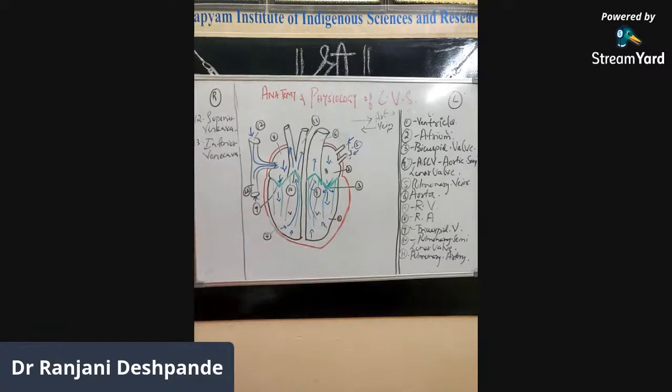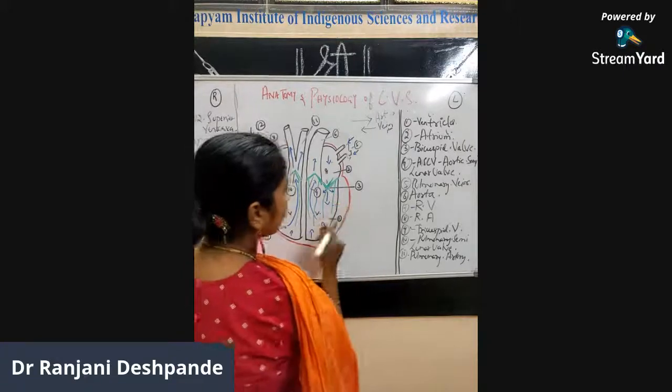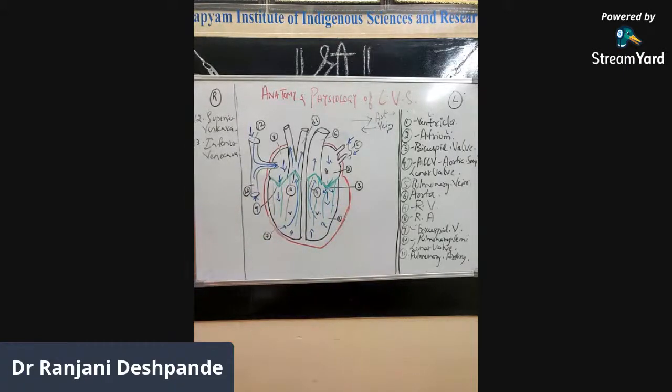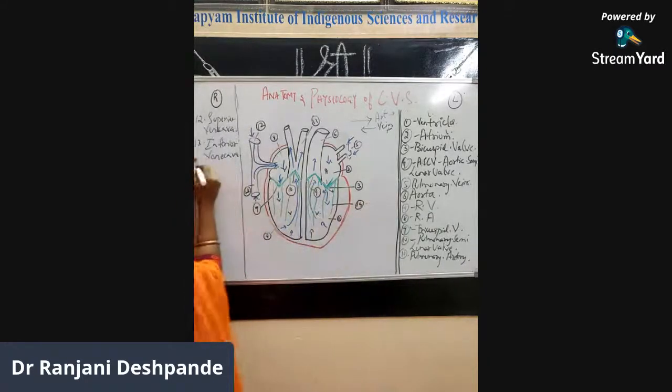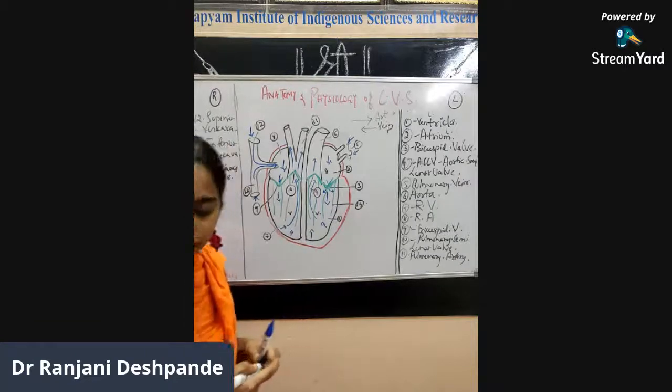These tendinous structures are called tendinous cords. We will name them 14. The next number is 14, so I'll name it here. This is the tendinous cords, or it is also called chorda tendineae.